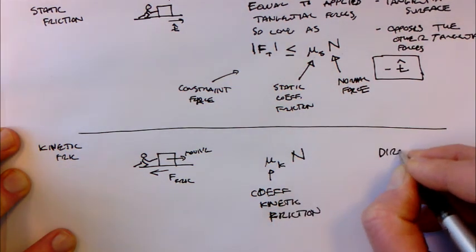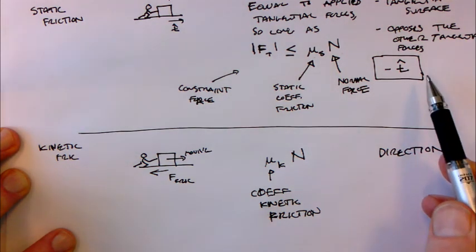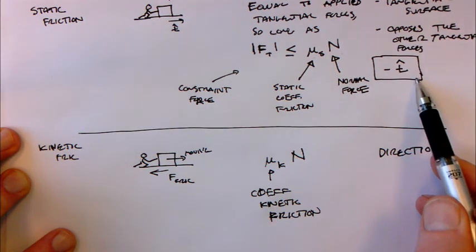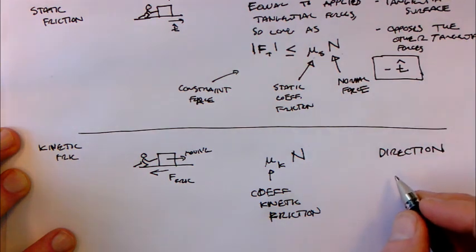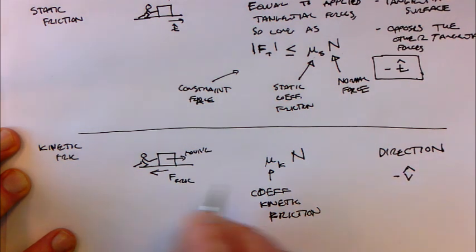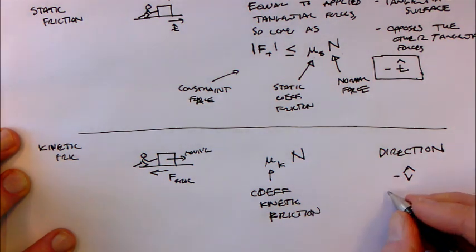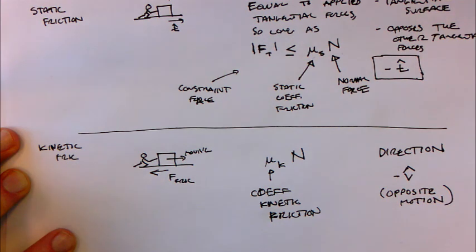The direction is a little different from the static case. For static friction, the direction is determined by the direction you're pushing: if you're pushing in the i-hat direction, the static frictional force is in the negative i-hat direction. For kinetic friction, the direction is in the minus v-hat direction. Whatever direction the object is moving, the kinetic frictional force is opposite that motion, so it tends to slow down the motion.